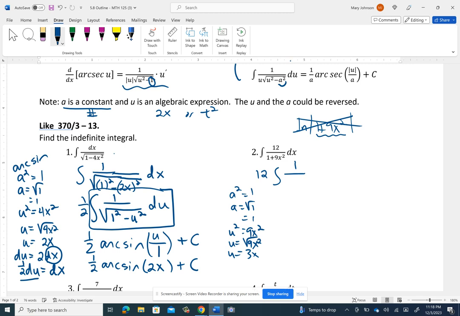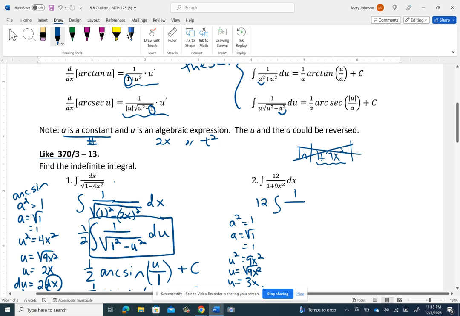Okay, so I'm going to go ahead and do the derivative with respect to x there, like I did in 5.5. And I wind up having dx equaling 1/3 du. So now I'm going to get it to look just like that arctan problem. So the a squared, that's the 1 squared. The 9x squared is really 3x quantity squared.